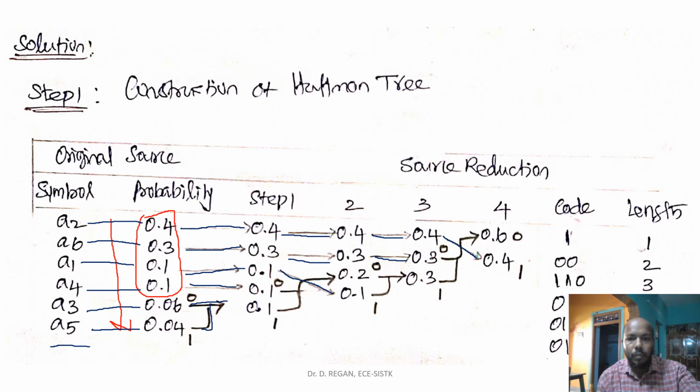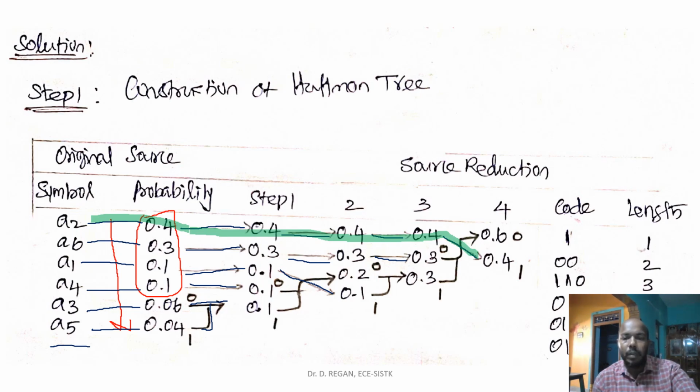From here I am tracing. Now you will get a clear idea. See here, A2 takes only one bit, that is 1. That's why I assigned 1 here. So the first one is A2, and its code is 1. I have written the code here.